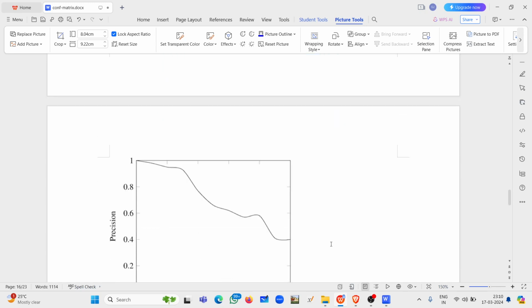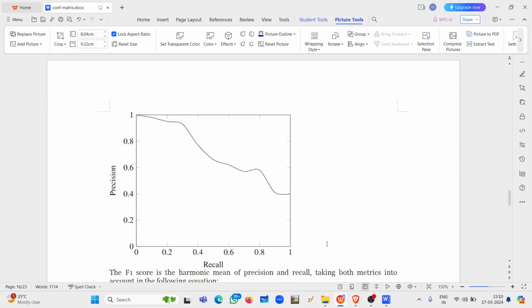Now let us understand. I told you that when the recall is less, the precision is more. When the recall is in this zone, precision is here. Similarly, when the recall is here, the precision is here. Try to understand. That's why it is difficult to decide the best model with precision and recall alone.